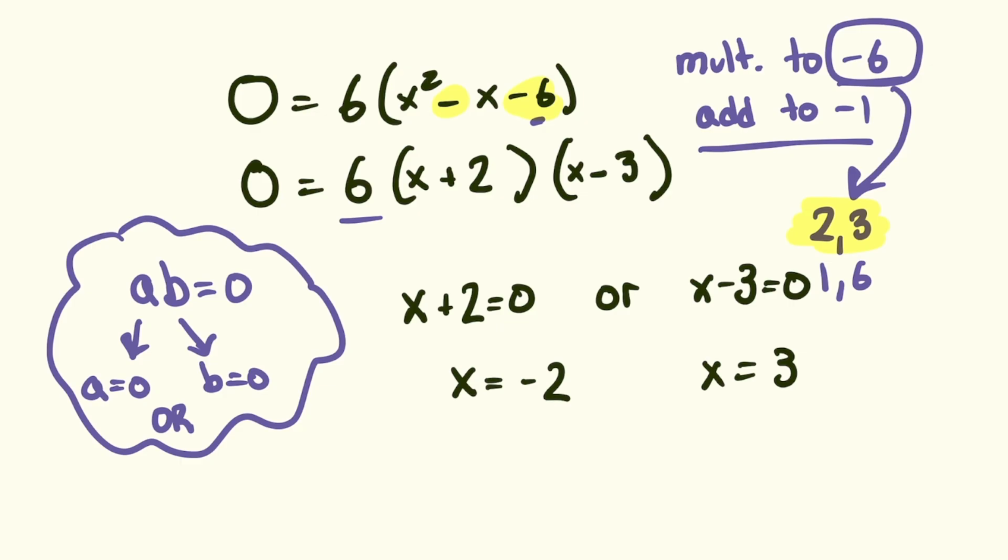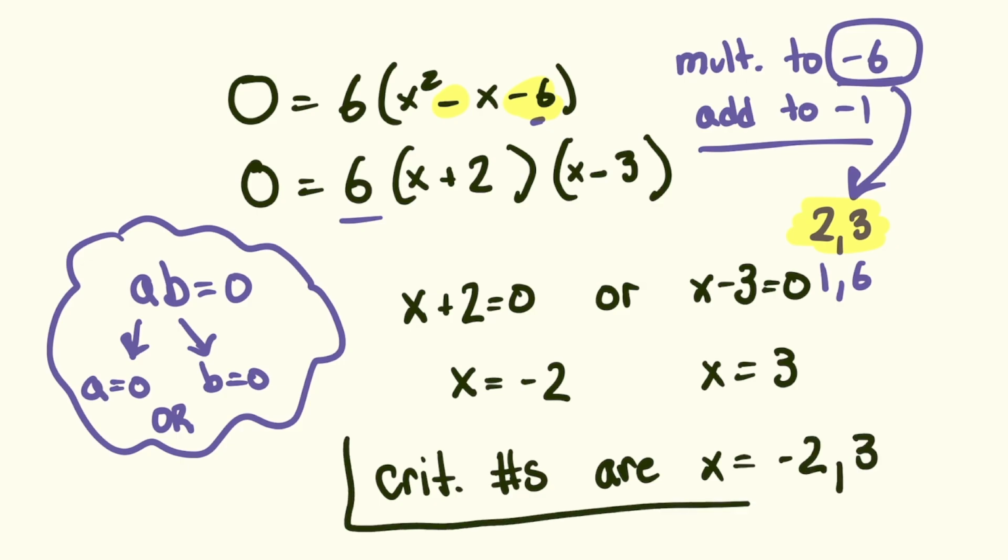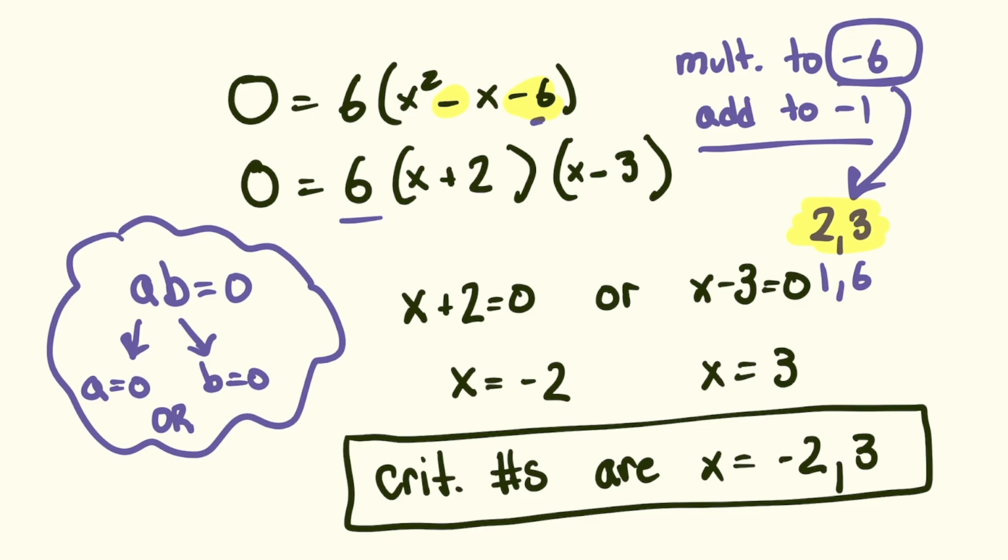So remember, those signs are going to change when we finalize our solutions here. So this means that our critical numbers are x is equal to negative 2 and positive 3. And those are the only two critical numbers for this particular problem.